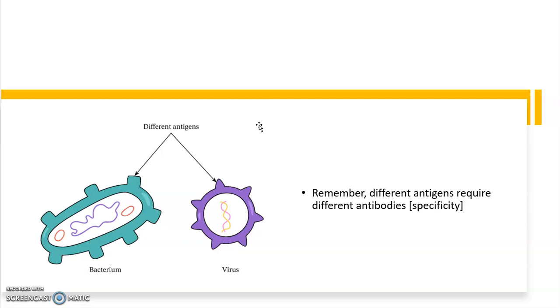So for all the different antigens available on all the different types of foreign pathogens, our body is very immunocompetent in the sense that it is able to make millions and millions of different antibodies to respond to all those different antigens and mark those pathogens as foreign so we can eliminate them from our body and overcome infectious diseases.